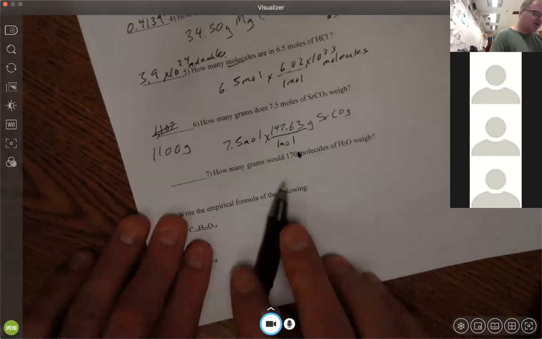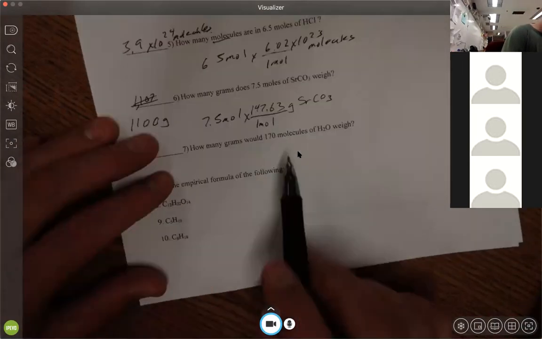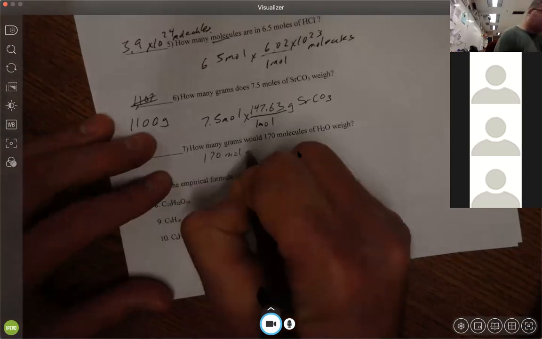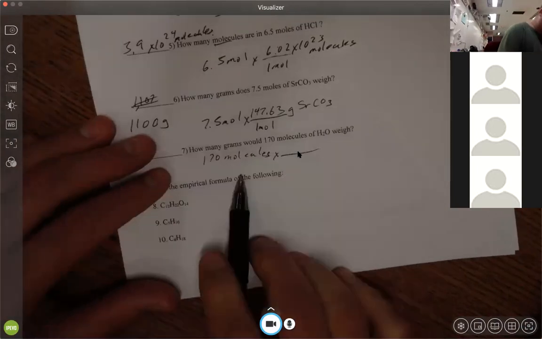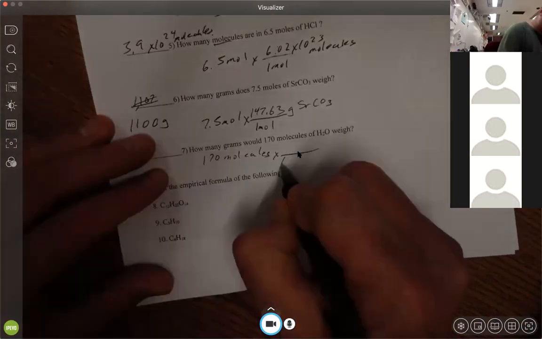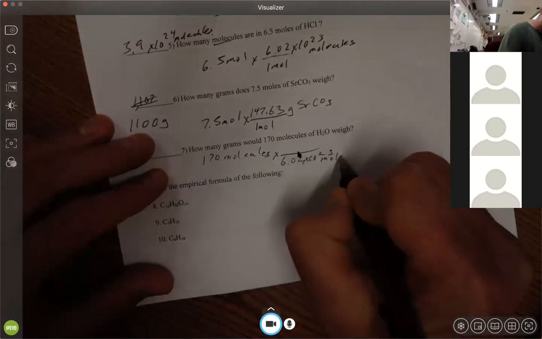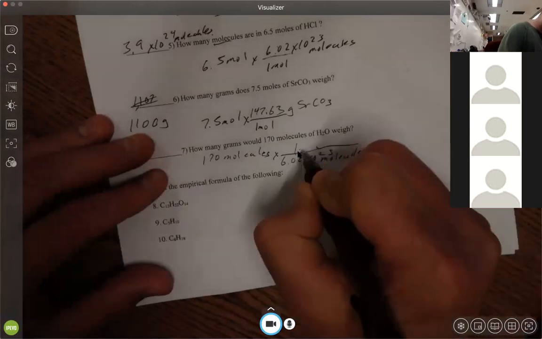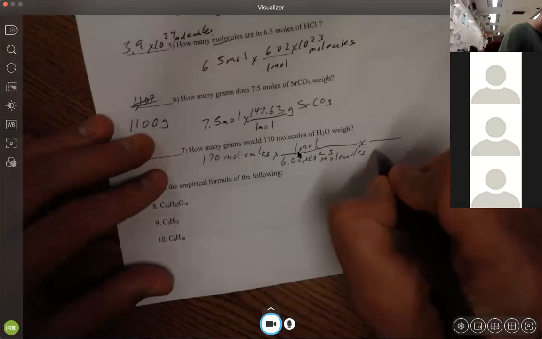How many grams would 170 molecules be? This is going to be very, very light because that's not very many molecules at all. Since we have molecules, the word there, we know it's 6.02 times 10 to the 23rd molecules for every 1 mole. And every 1 mole of water weighs 18.02 grams.